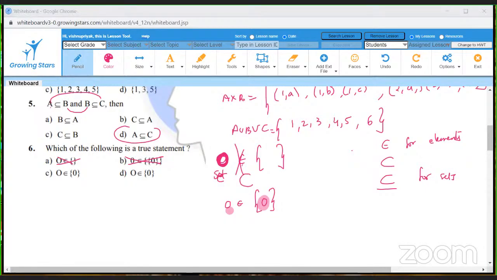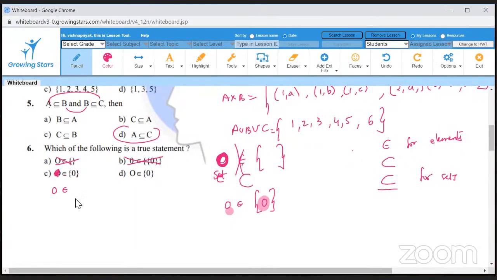Next, C. O belongs to this set. Actually, both are same. C and D are same. So we will change C. We will write 0 belongs to 0. This is correct.